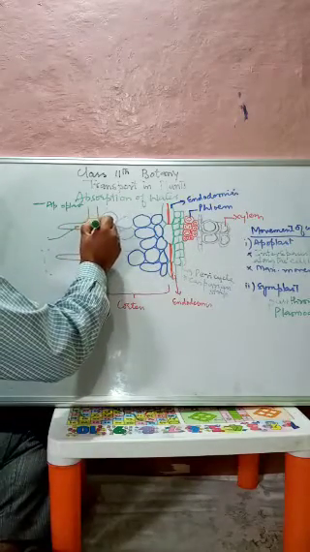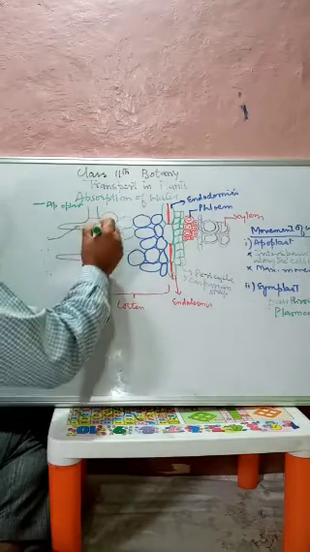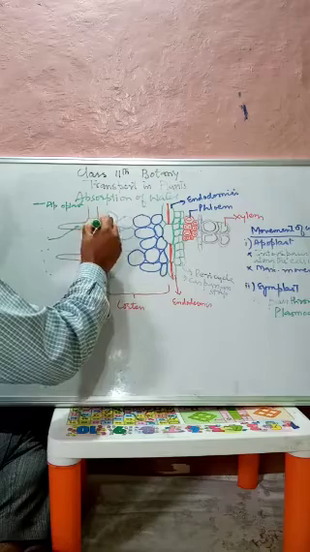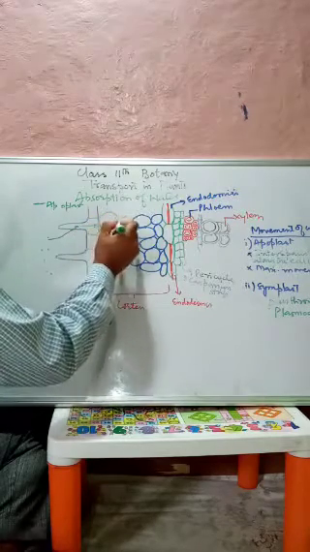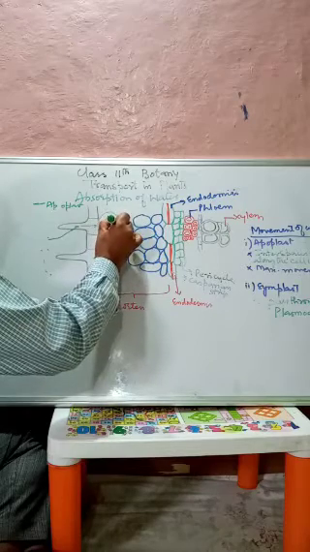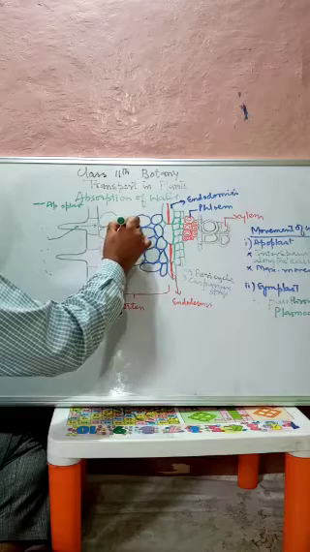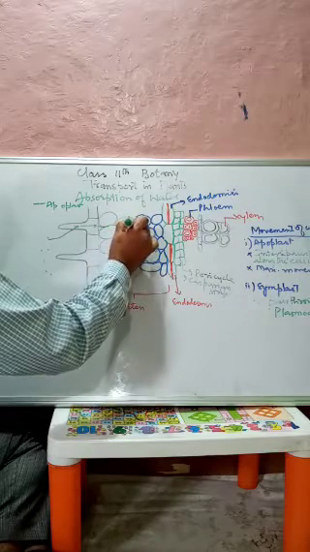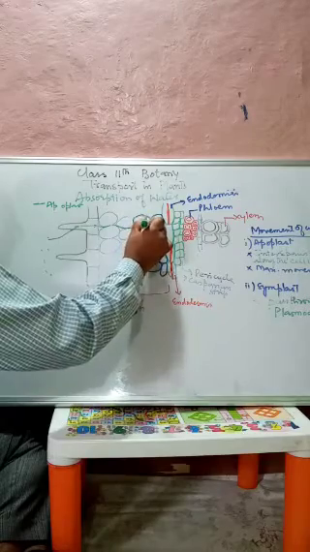Then it has to come to this layer, and it does not enter into the cells but passes through the cell walls, then the intercellular spaces, then again the cell walls, then the intercellular spaces.